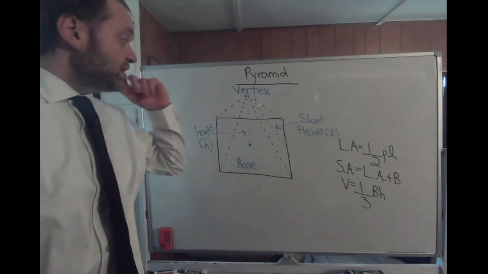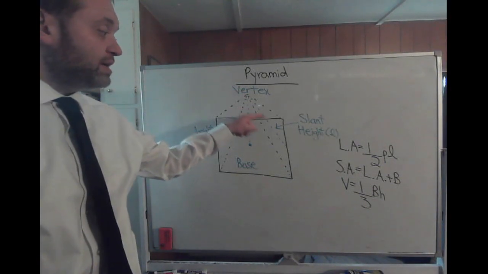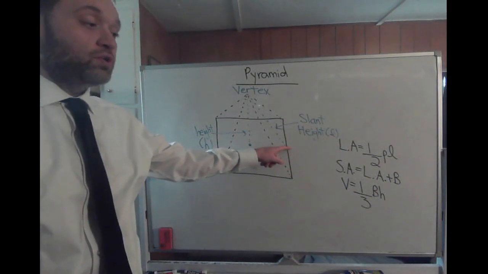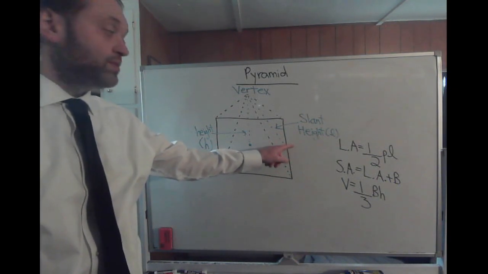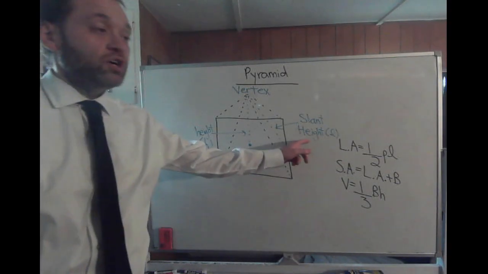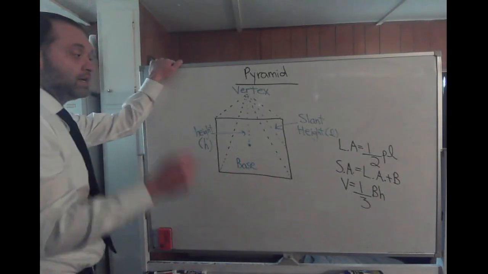Having said that, we also have what's called the slant height that goes from the vertex of the pyramid down to the midpoint of one of the bases, and it's also in altitude with one of the sides of the bases. The slant height is called L, not to be confused with the height of the pyramid.